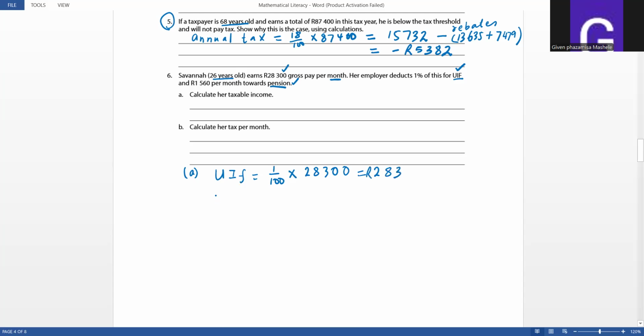And we also have the pension fund, which amounted to how much? 1,560. Remember this is per month, this will be the monthly non-taxable income.